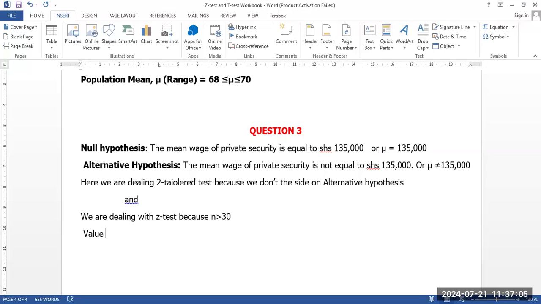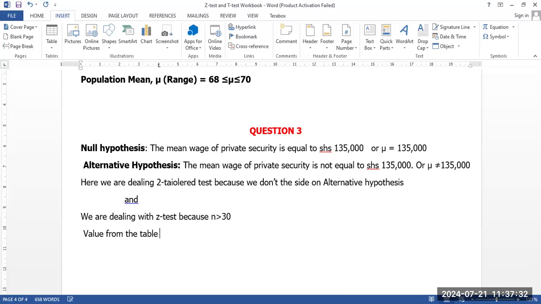We need the value. Colleagues, here we need the value from the table. Let's be fast.